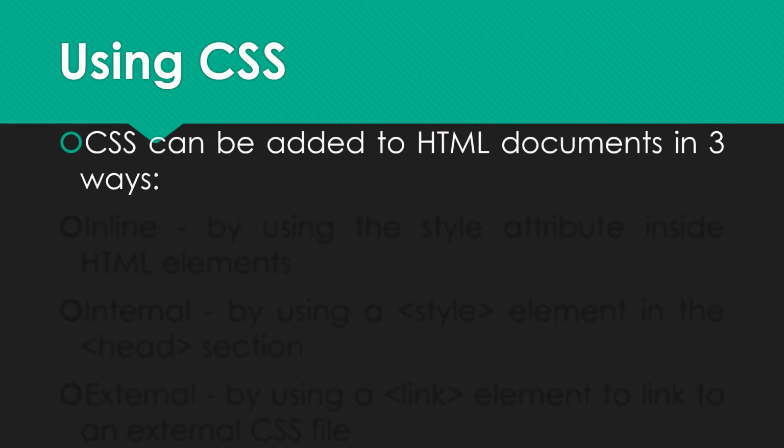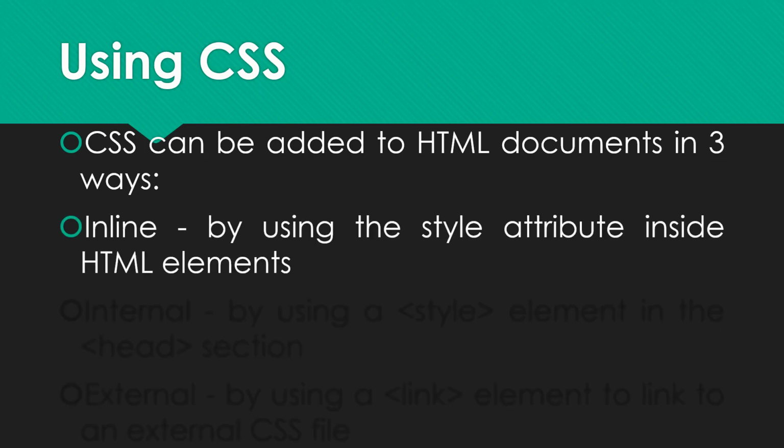So how do you use CSS? CSS can be added to an HTML document in 3 different ways. I repeat, we can add CSS into our HTML document in 3 different ways. The first way is called inline. We use it by using the style attribute in an HTML element.